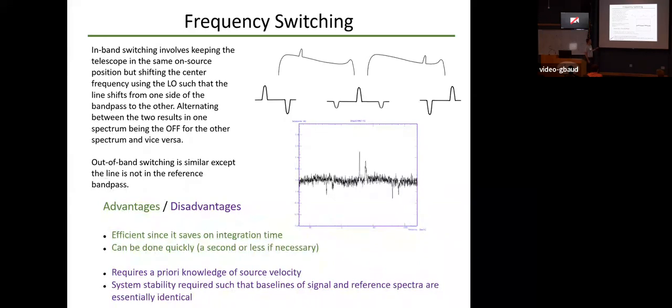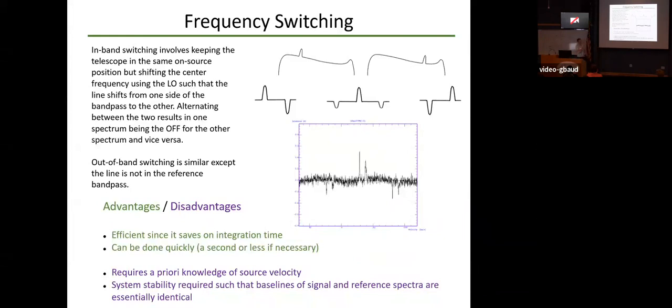Disadvantages: one, it requires knowledge of your source velocity. You have to know where you're expecting to see this line in the first place, so that you do not accidentally switch this line and overlap it with another spectral line over here, for instance. Let's say that right there is a methanol line or something like that. Whenever I do the comparison between those two, I will have averaged that methanol line and your spectral line together, and then you just have garbage output, right?